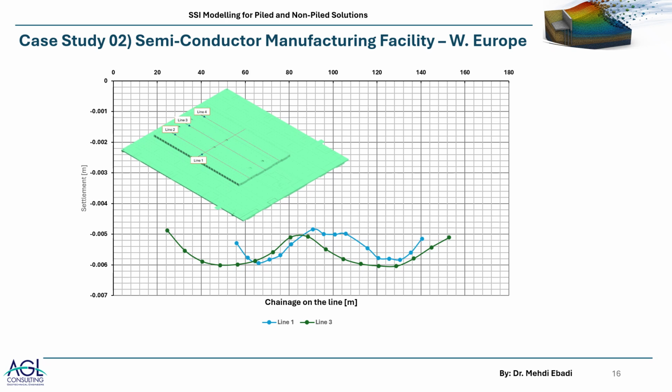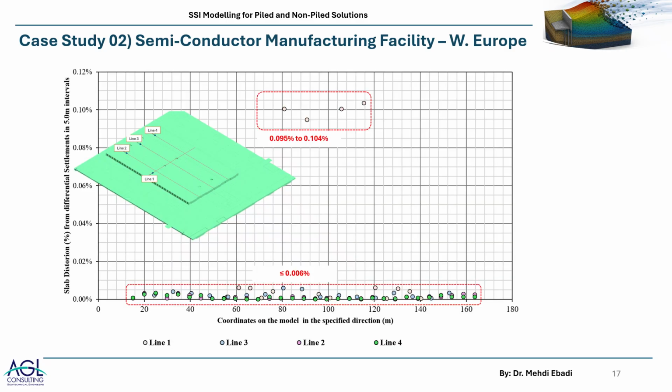Then we extracted the results and plotted them in Excel. So it's the same results, just the numbers in Excel. We wanted plots that we can work with the values, for example, calculate angular distortions, define changes or such, and that's exactly what we did. So we defined lines on the upper side of the foundation, which was showing higher settlements, and we extracted the settlements for these areas.